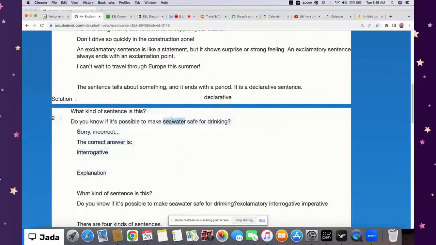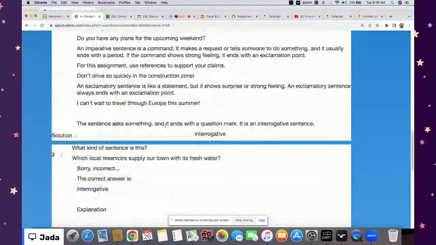So this is the interrogative. And then which local reservoir supplies our town with its fresh water? So that also has a question mark. So it's obviously asking a question.